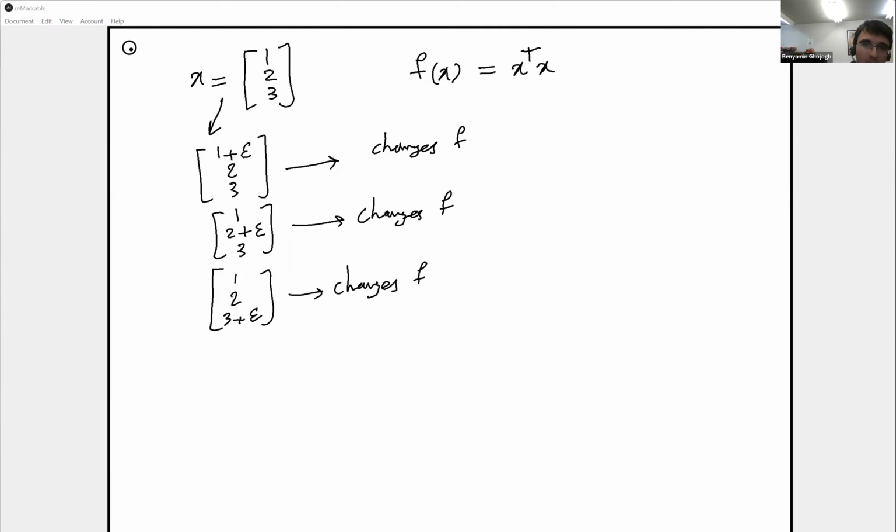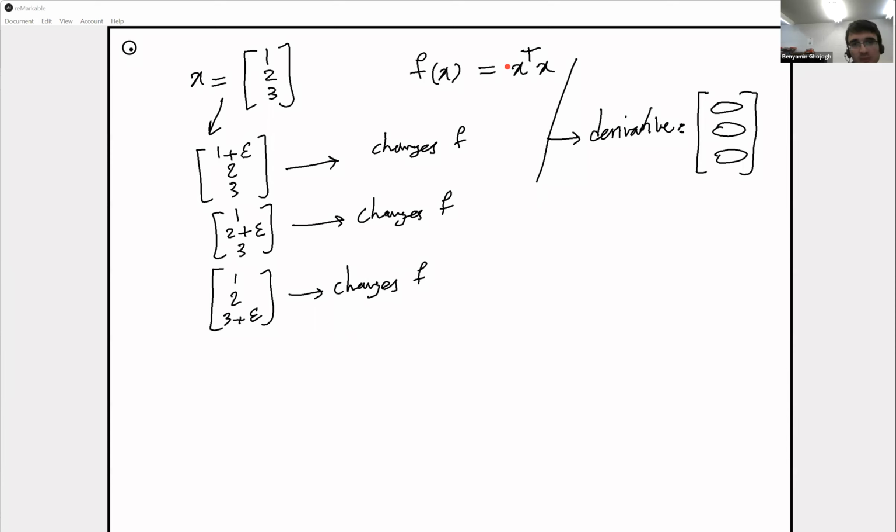So you have three options for changing x because it has three elements. And three times you changed f. Therefore, the derivative is a three-dimensional vector for each of these changes. This is for here, this is for here, and this part is for here.